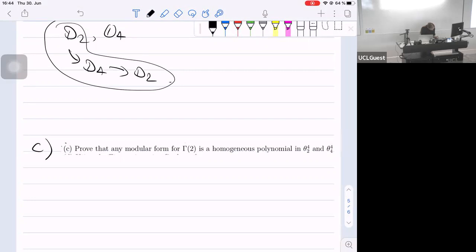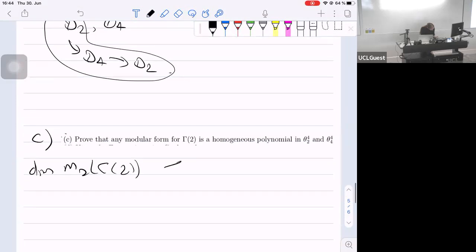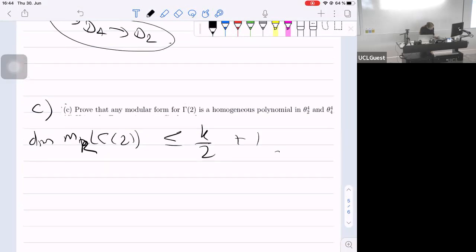So the idea with part C is that from the previous exercise sheet, we have the dimension bound as k over 2 plus 1. So we know that there were at most k over 2 plus 1 generators.